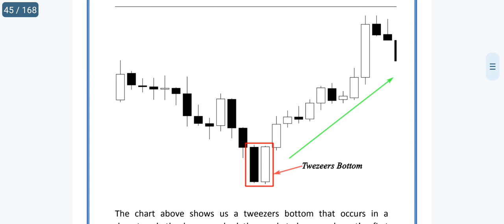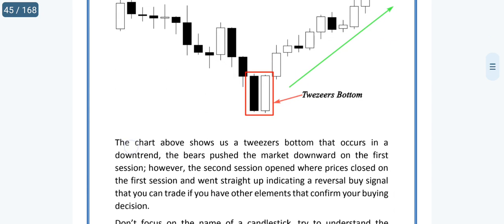You can observe this. Here we have the tweezer bottoms, and in the chart above, we can see the tweezer bottoms that occur in the downtrend.